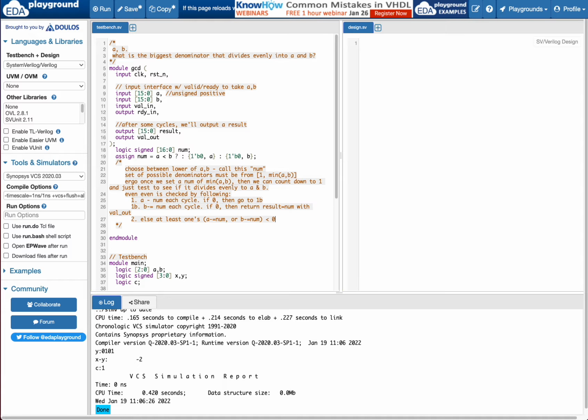If it's less than 0, it doesn't divide evenly, which is why we need this signed num here, and then num like this. So let's implement that.